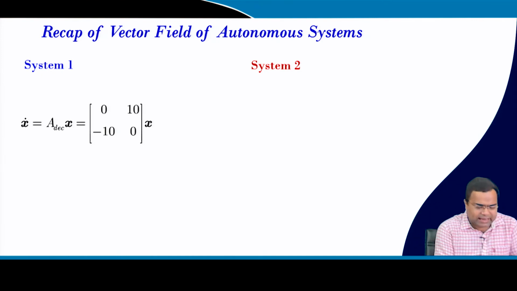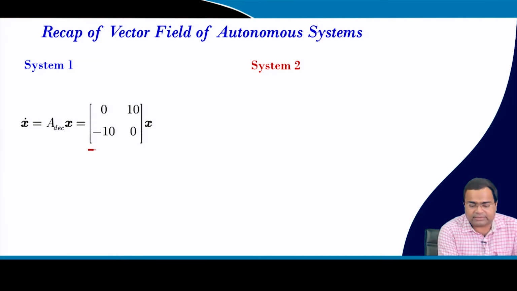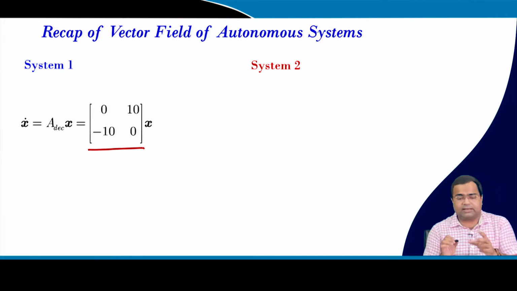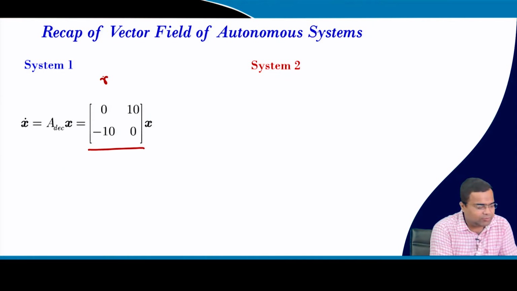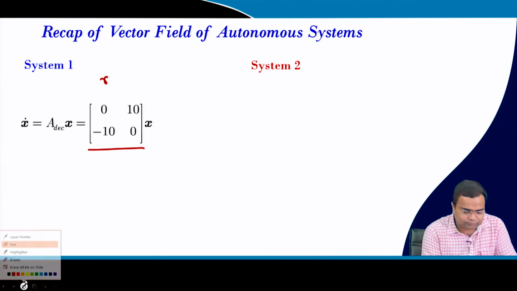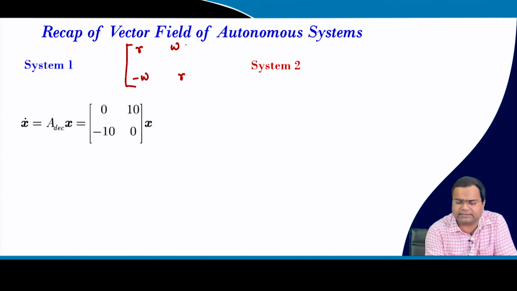So, here again we recapitulate this concept, and you can see in this matrix we have considered a regular form. Generally we take this complex conjugate case to be r, omega, minus omega, r, and this is a regular form.